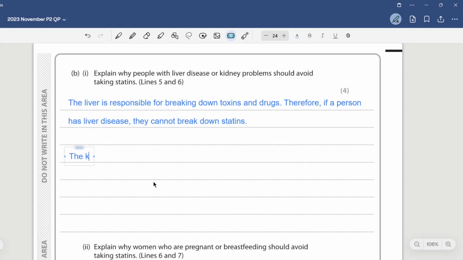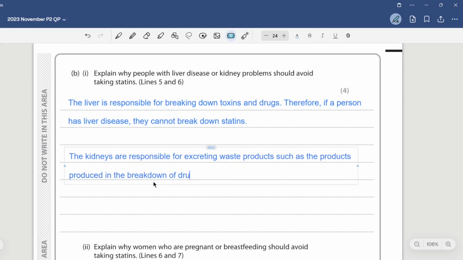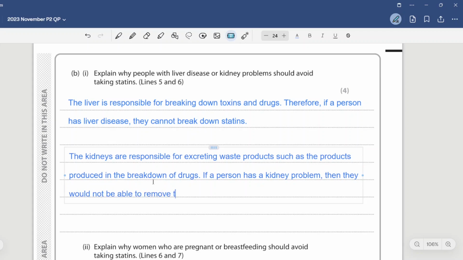So we can say the kidneys are responsible for excreting waste products such as the products produced in the breakdown of drugs. If a person has a kidney problem, then they would not be able to remove the waste products.